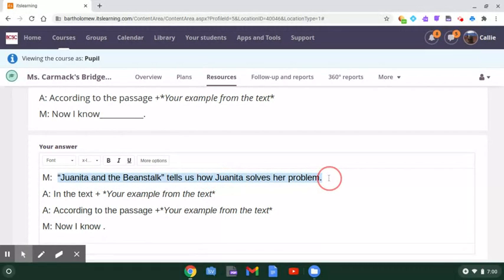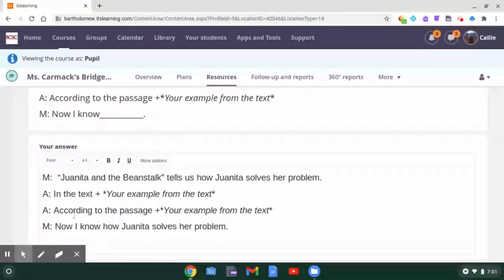Okay. So you would say something pretty similar to that. So I will just say, now I know how Juanita solves her problem. Or something like that. Something similar to this. Okay, so I've done the first sentence for you and the last sentence for you. You should be able to handle the two examples from the text on your own.